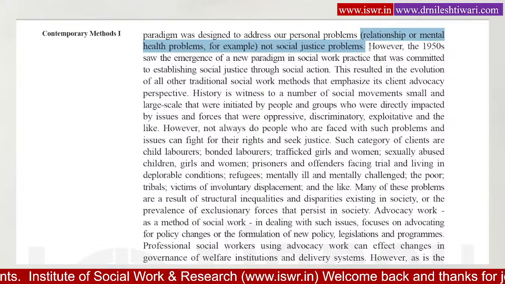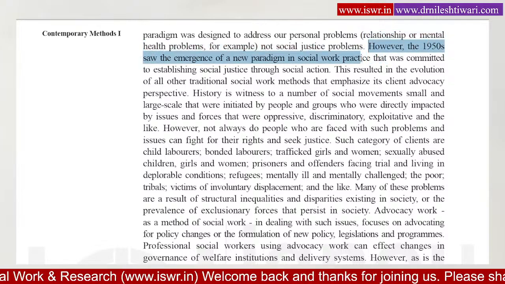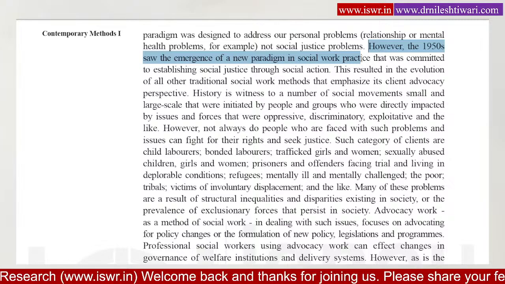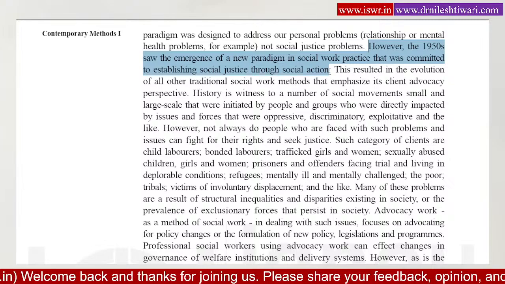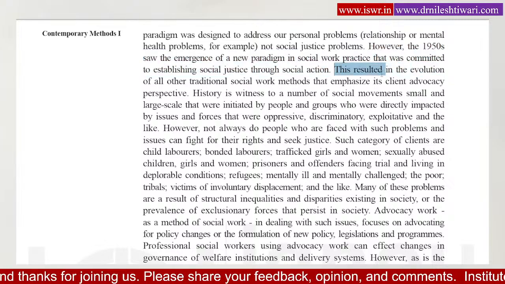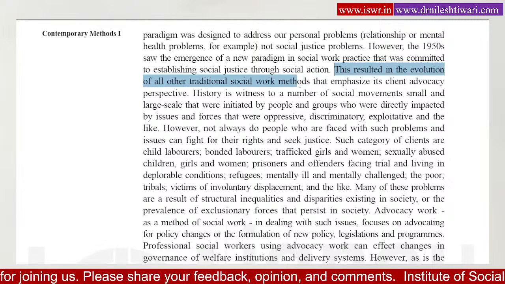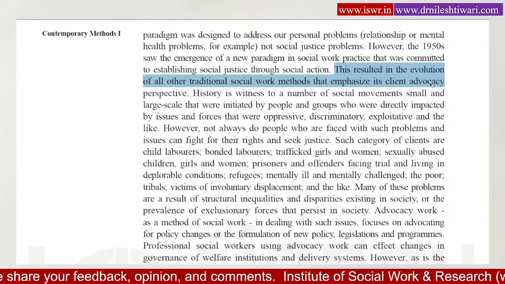But if we move ahead to the 1950s, it was the emergence of a new paradigm in social work practice, and that was committed to establishing social justice through social action. And this resulted in the evolution of all other traditional social work methods that emphasize client advocacy.